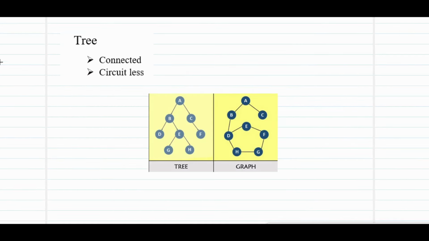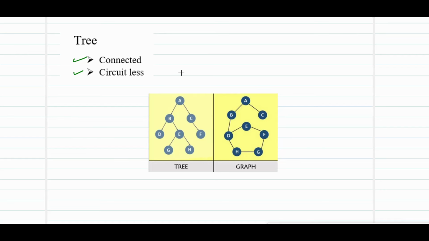What do we mean by a tree? A graph which is going to be connected and which is also going to be circuitless will be referred to by the name tree. So if this is a given graph, we see that there is a path that is going to take us from any vertex to any other vertex, then we call it connectedness.